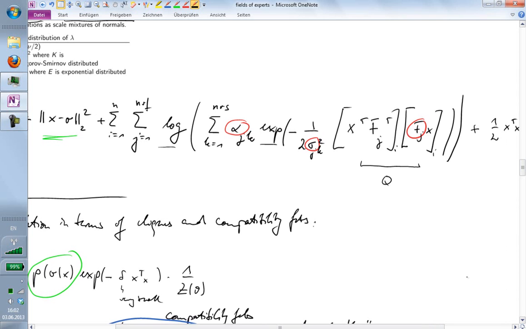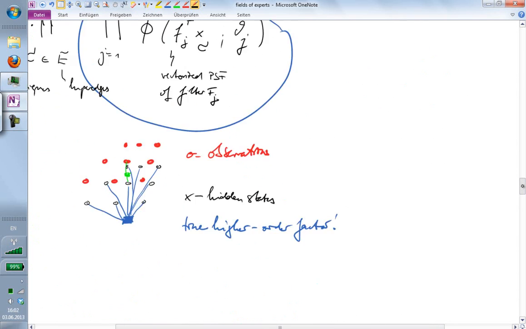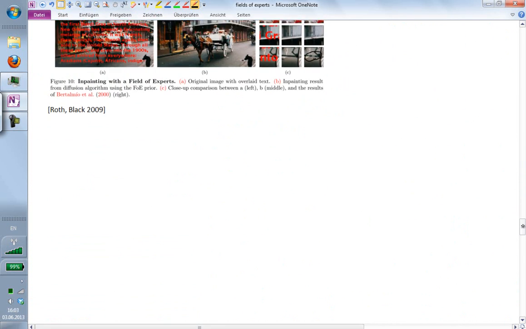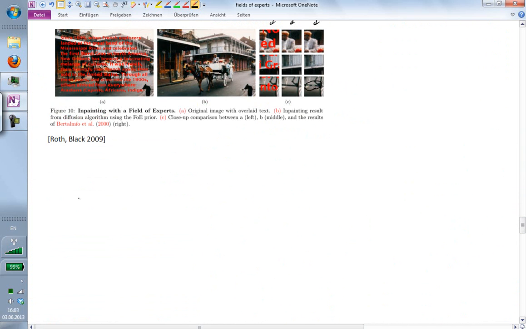Why is it called field of experts? Because Hinton proposed in the early 90s, I believe, a method called product of experts, in which he argued that if you want to model a complicated multimodal distribution, you can write that down as a product of much simpler distributions.